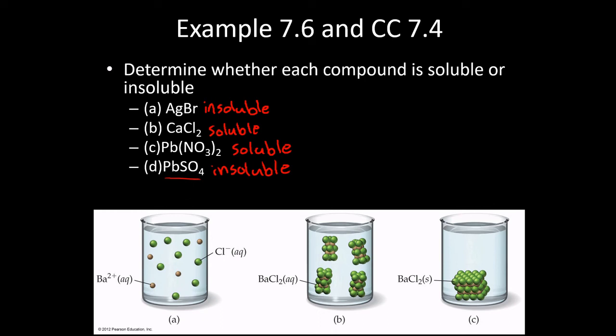Real quick here, I want to point out what's in these beakers here. This comes from, I believe, Conceptual Checkpoint 7.4. So if I look that up real quickly here, I have my book handy.